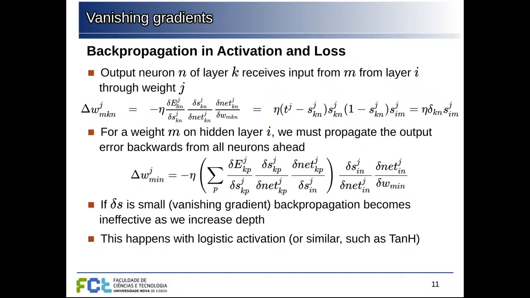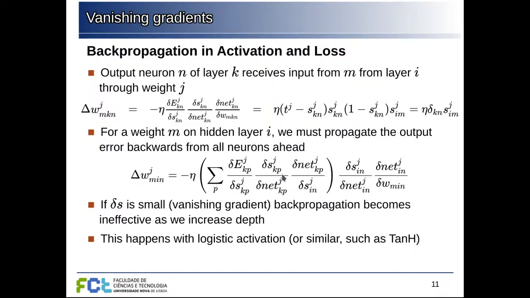We have the derivative of the error with respect to the output of the network, the derivative of the activation function, the output with respect to the weighted sum of the inputs, and then for each particular weight, and then we have to keep tracing back all these derivatives along the network. Since these are all multiplications, if we start having derivatives that are very close to zero, then all of these values will start becoming very small, and the product will eventually be so close to zero that training will stop.